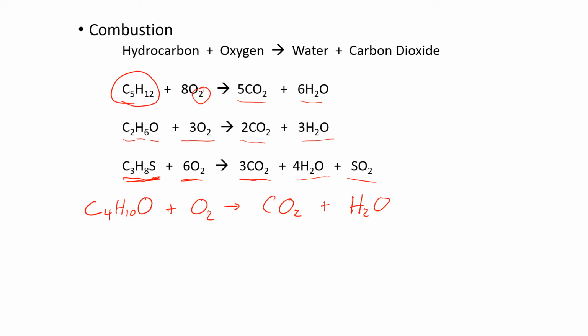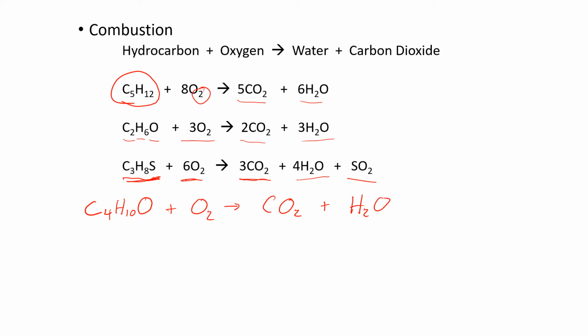Okay, so hopefully you got the right answer, and we can balance this now. So first off, I see that oxygen is represented a ton of times all over the place, so I'm not going to start with balancing with oxygen. Also, oxygen is a lone element right here, and so that's another reason why I don't want to start with oxygen. So I'm going to start with either carbon or hydrogen.